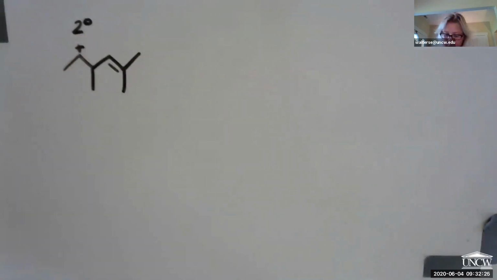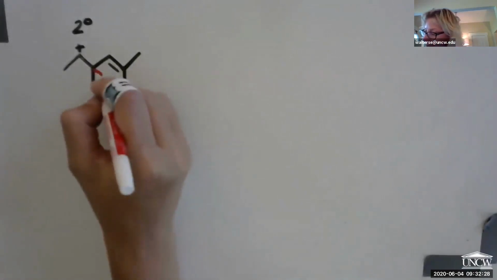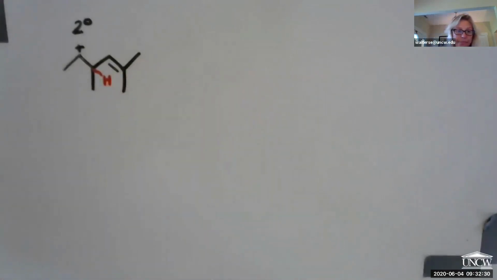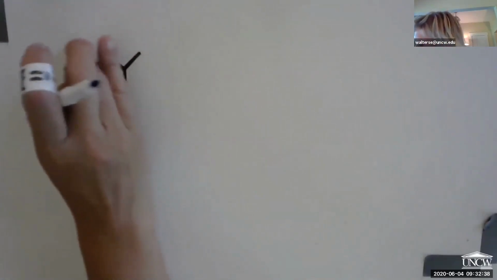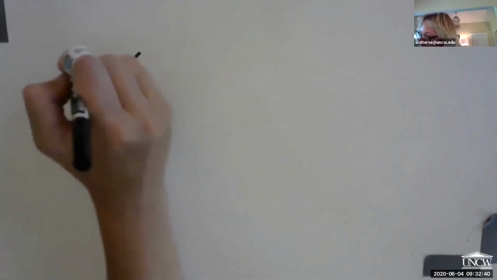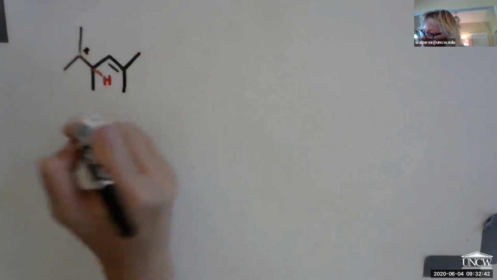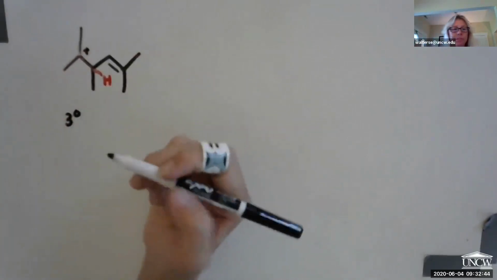And just for clarity, we have to remember that there's a hydrogen here. Oh, wait a minute. I'm sorry, there's an atom missing here. There's supposed to be a methyl group here. So it's a tertiary carbocation.